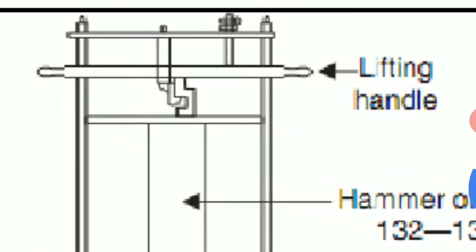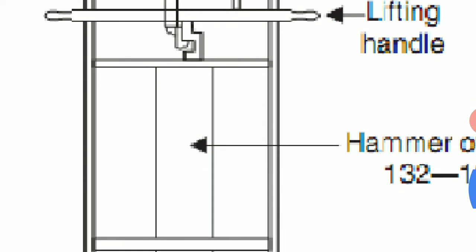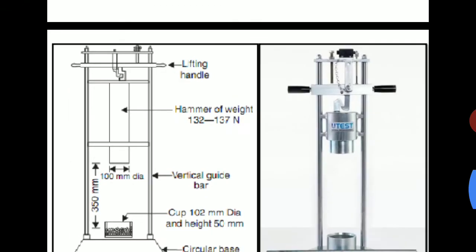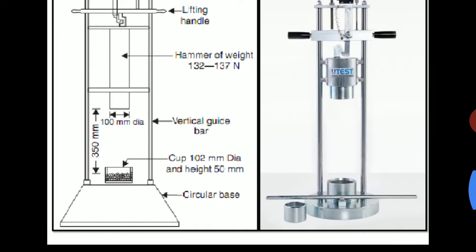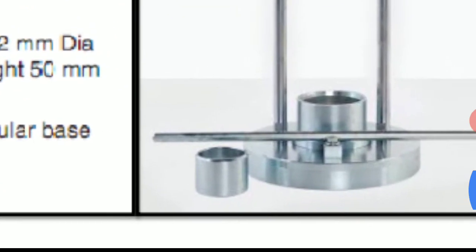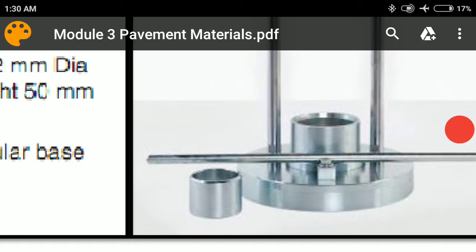Using this handle, we can release the hammer onto the aggregate sample, and the fall height will be around 38 centimeters. Here you can see the tamping rod. A measuring cylinder and a cup are also there. This is the cup, this is the cup, and this is the measuring cylinder.